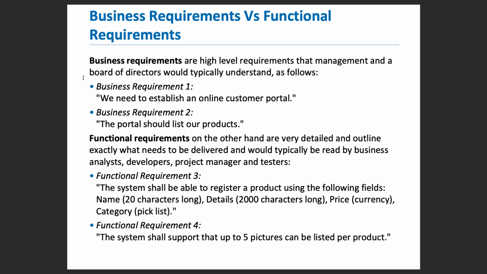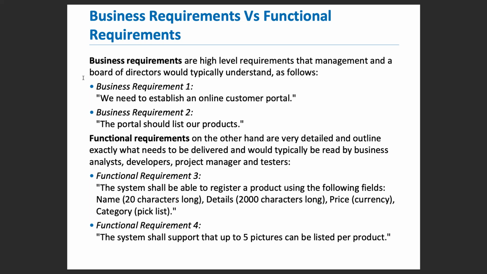And then the second requirement is the portal should list our products. Think about Amazon, or anyone creating an e-commerce portal. So the requirement is we need to establish an online customer portal, and the portal should list our products. As simple as that.